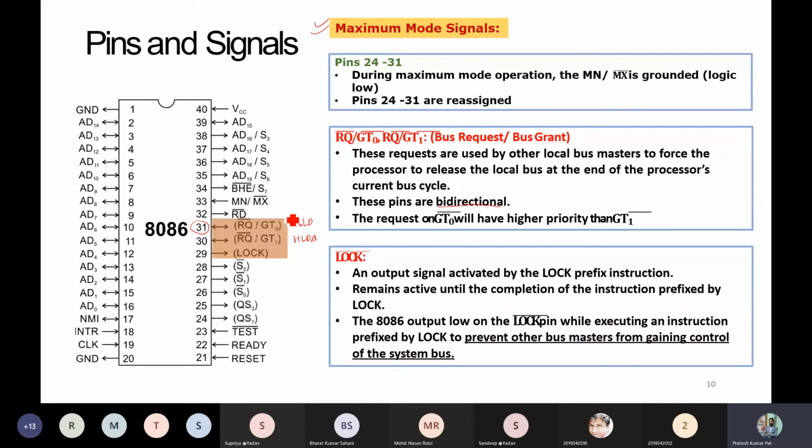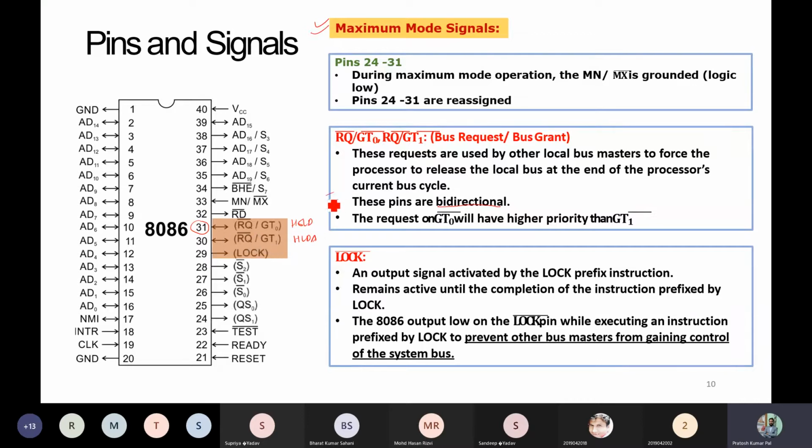If two requests come at the same time on these two pins, the request on pin number 31 will be considered high priority, and the request on pin number 30 will be given less priority.